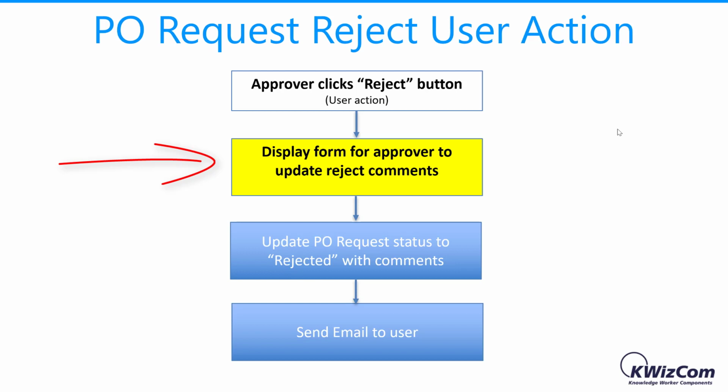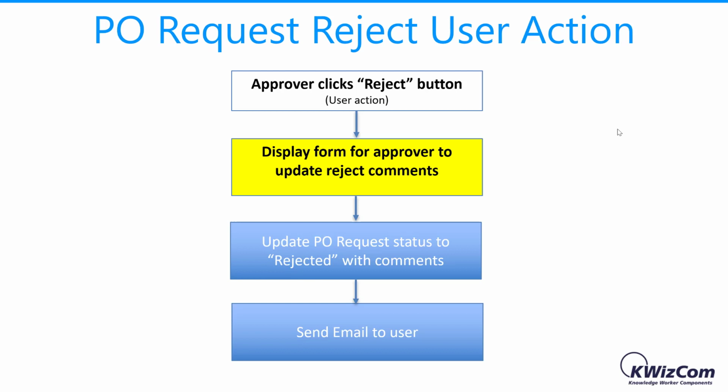I want to show him a custom form showing only the relevant fields needed for this custom action. In this case, just a single field, the comments field, for him to update the reason why he's rejecting this PO request.